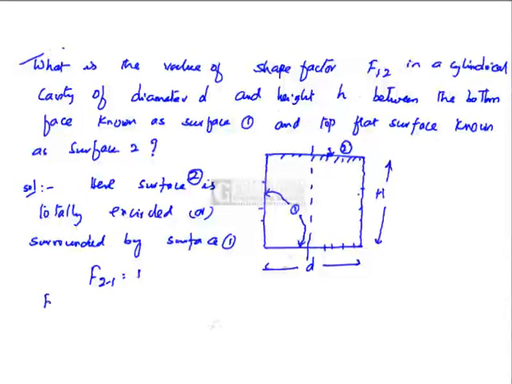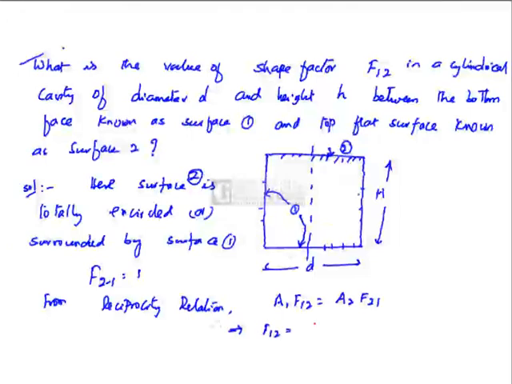From reciprocity relation, A1 F12 is equal to A2 F21, implies F12 is equal to A2 by A1 into F21.